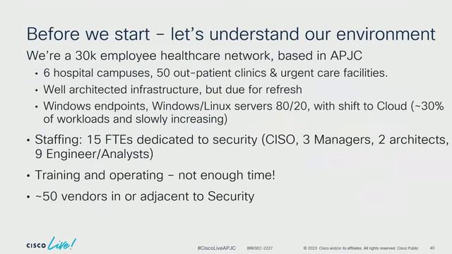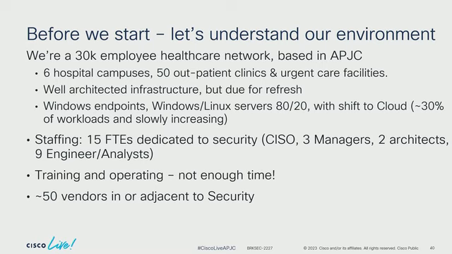All right, so before we start, I'm just gonna set up the example of our industry. For those of you in healthcare, this may seem all too familiar, but in this case, we're a 30,000 employee healthcare organization based in APJC, with 6 hospitals, different clinics, and urgent healthcare facilities. We've got an architected infrastructure, but maybe due for a refresh. Mostly Windows for user endpoints.